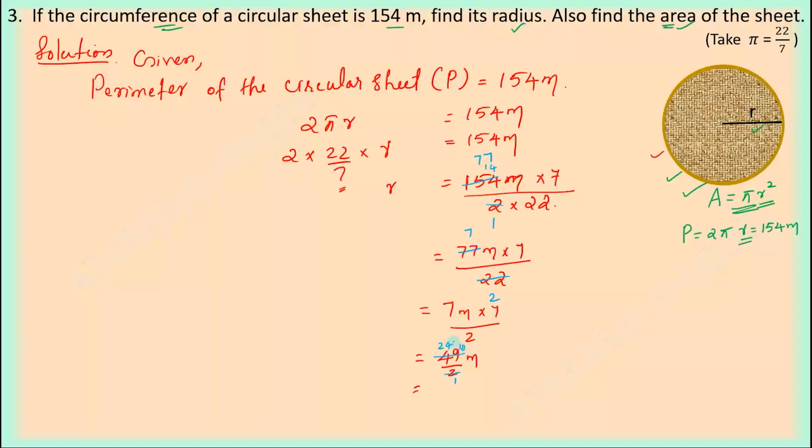Before that, you have to put a decimal here. Now the dividend is 10. 10 divided by 2 is 5. So this is equal to 24.5 meter. That is, the radius of this circular sheet is 24.5 meter.